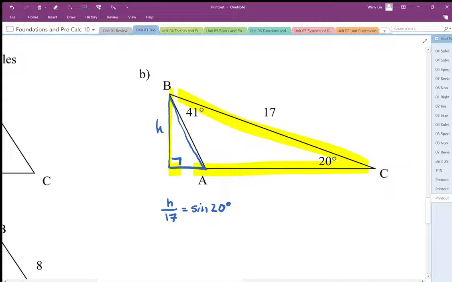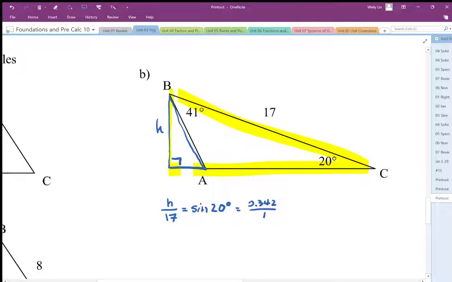So I'm going to do sine 20 degrees. Sorry, I've just got to get my calculator into the right mode here. So sine 20 degrees, and we end up with 0.342, all over 1.